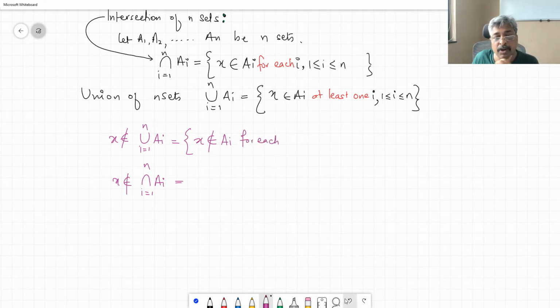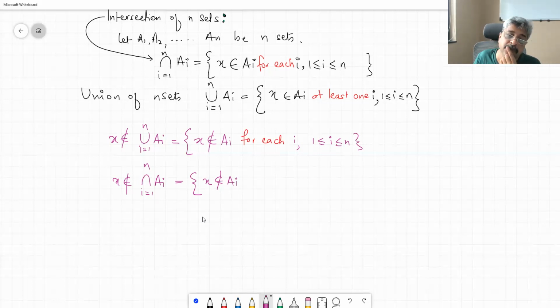Now again, this word is important here. Compulsory for each i. When it goes to intersection, it will be all those x which does not belong to Ai. If it is not in the intersection, it fails at least one.